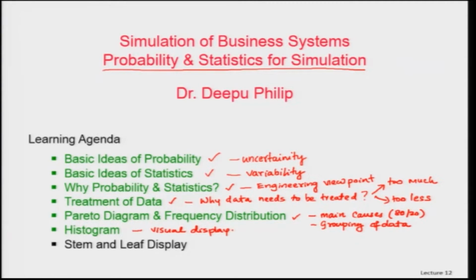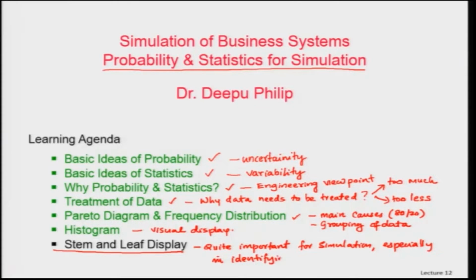And today we are at the last topic, which is what we call the stem and leaf display. It is an important tool. Usually this is quite important for simulation people, because it has a uniqueness for simulation, especially in identifying input probability distributions.